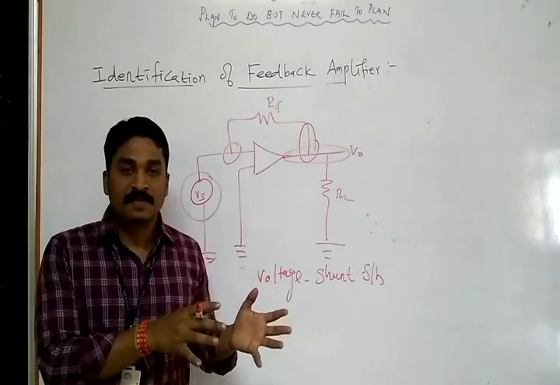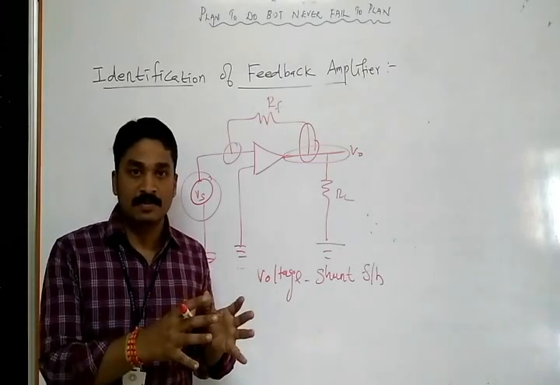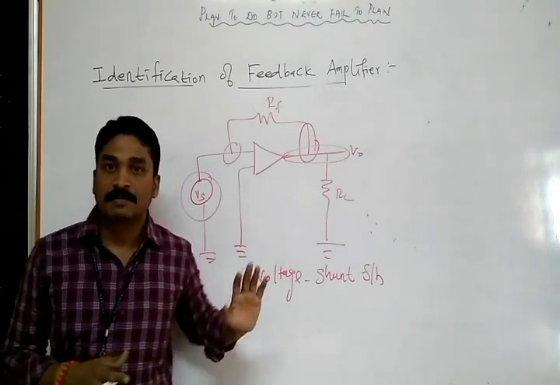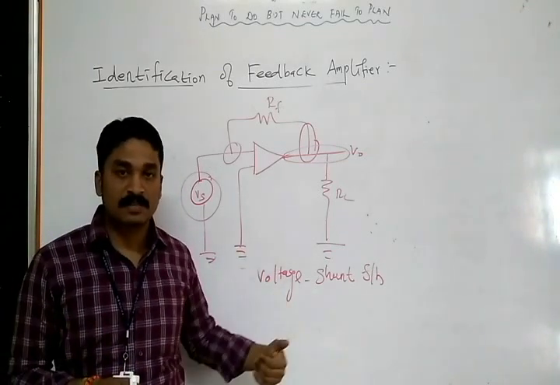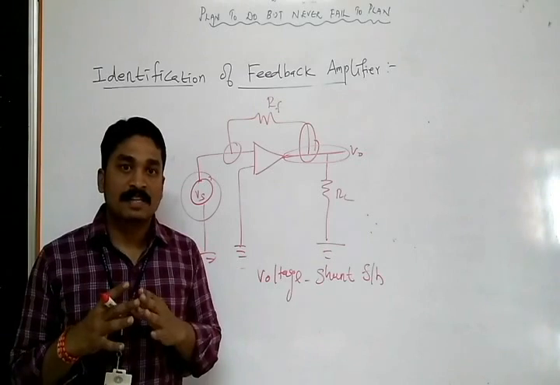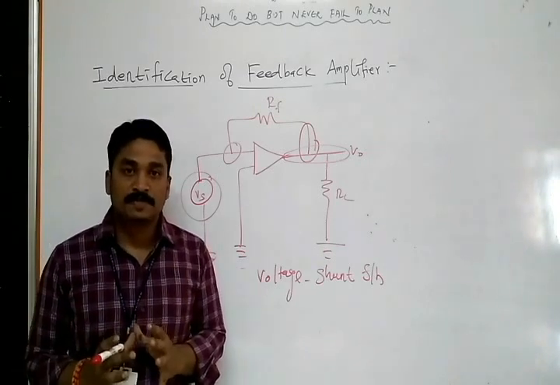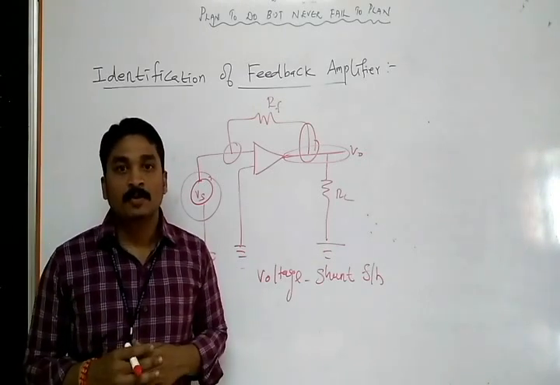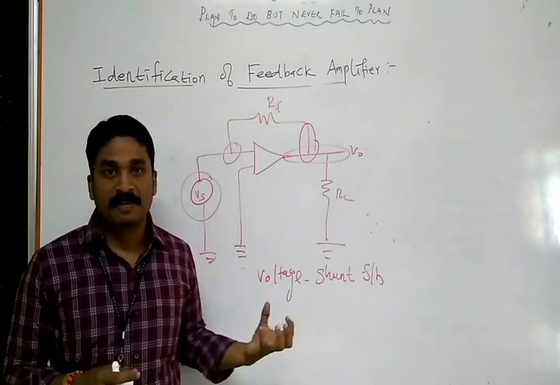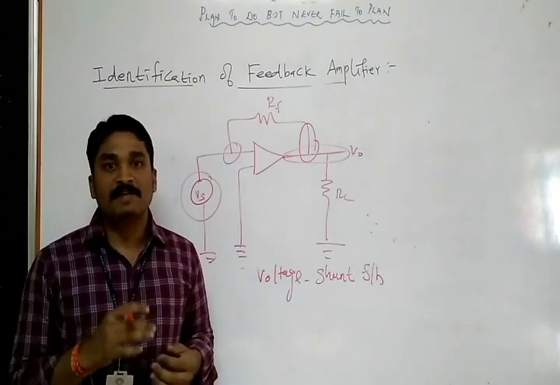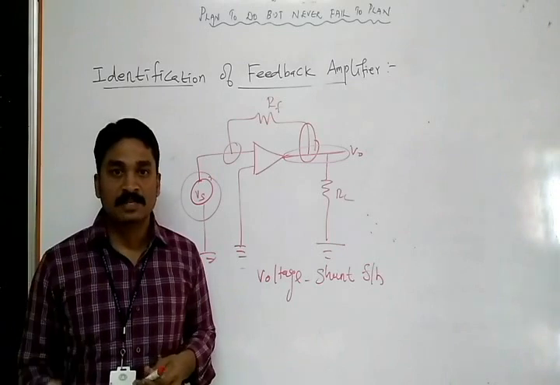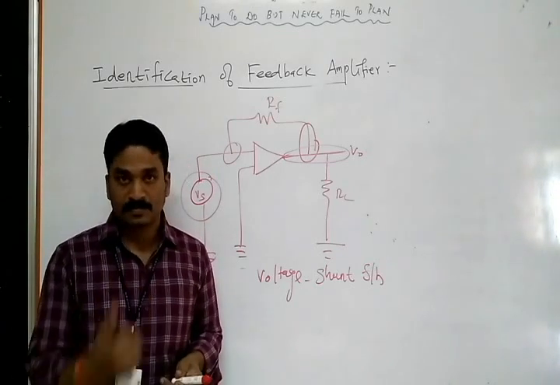Because in the previous lecture we discussed only the general circuit and the general block diagram. But from this lecture and the next, we will be discussing only practical circuits. And in the next lecture we will see how to identify the type of feedback amplifier and how to analyze the feedback amplifier to get the gain, input resistance and output resistance very clearly.